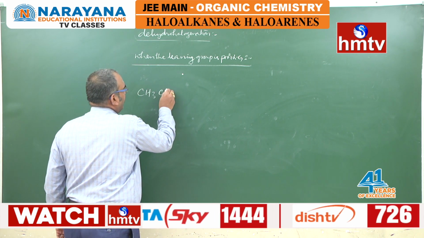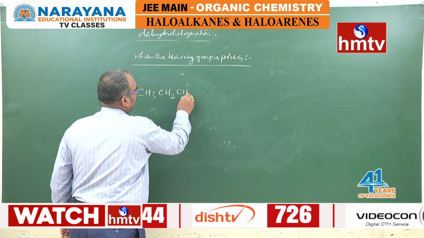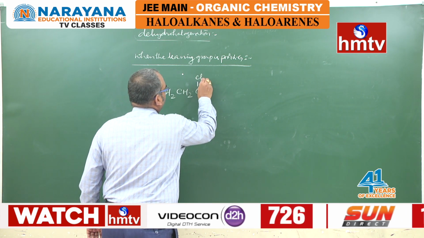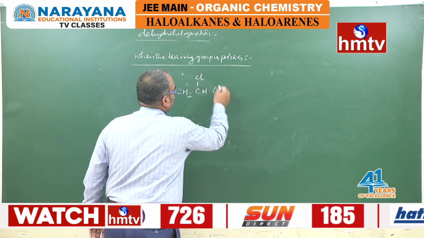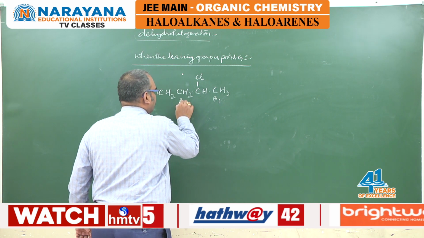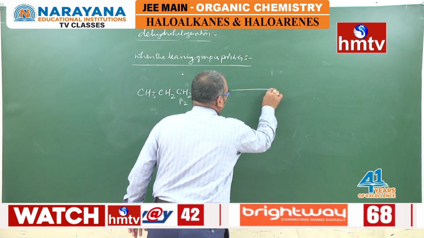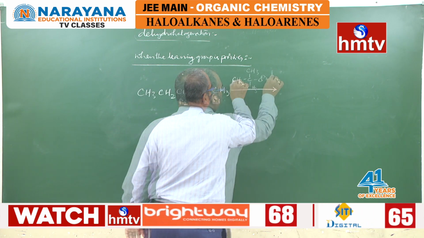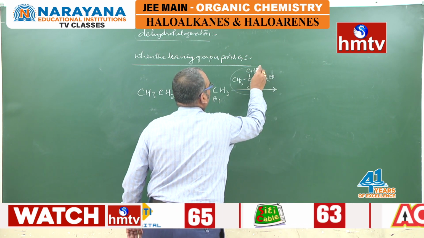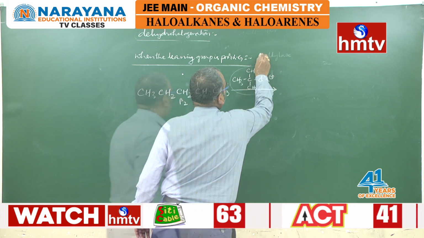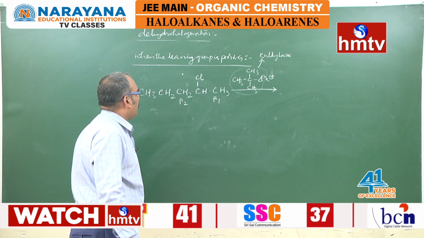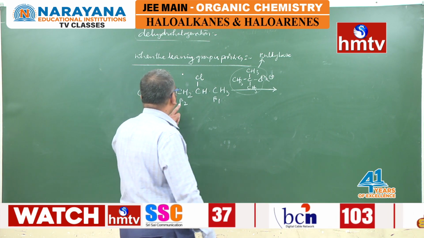I will take another example, CH3, CH2, CH2, CHCl, CH3. This is beta 1, this is beta 2. Here I am using potassium tertiary butoxide. Tertiary butoxide ion is a bulky base. This bulky base can eliminate the proton either from beta 1 or beta 2.